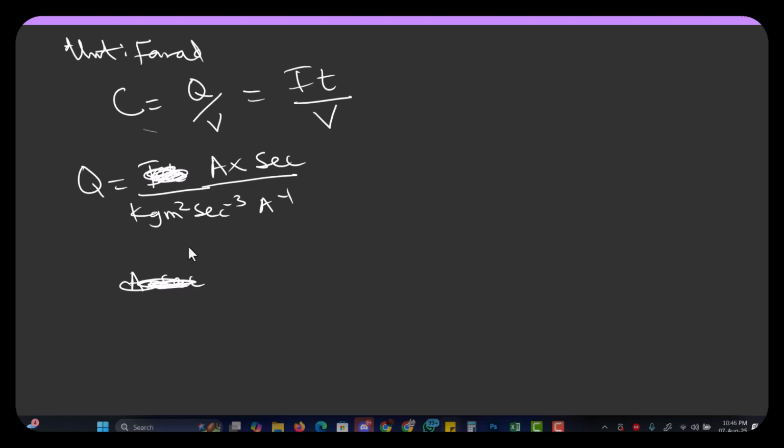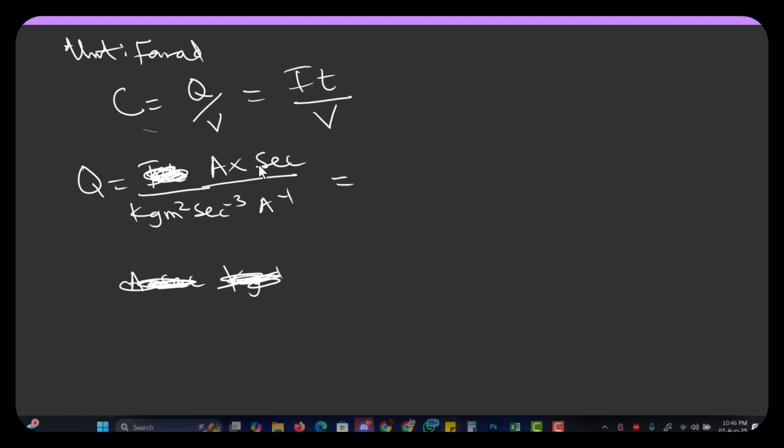According to the law of indices, because I want to follow the order of MLT, I was going to write kilogram first. Or let me not; let me follow the one you normally understand, so that you won't get confused when you're looking at it.